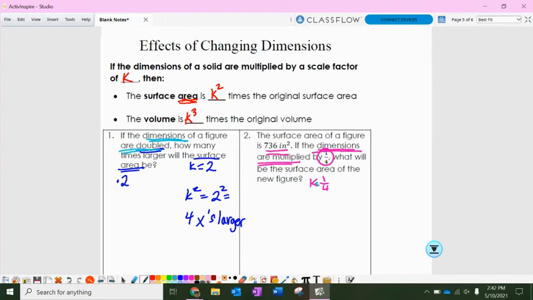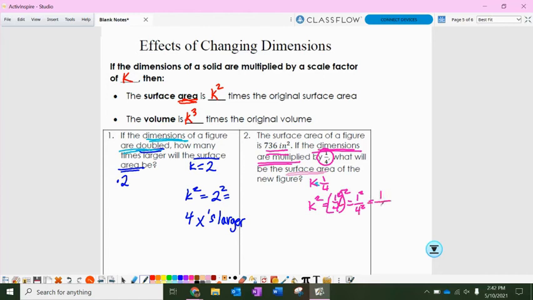Okay. Well, they want the surface area, so that means that the surface area will be k squared times the original. So k squared would be 1/4 squared. When we square a fraction, we square everything in the parentheses. So we do 1 squared over 4 squared.